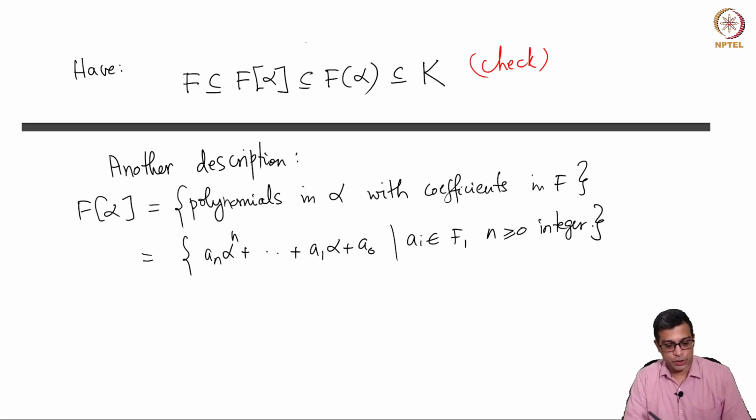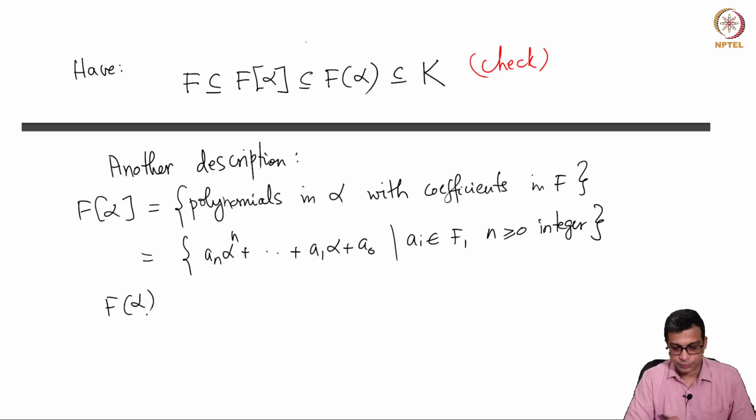Okay, that happens to be a ring. Every ring that contains capital F and small alpha must contain all such polynomials. So, and it happens to be a ring.